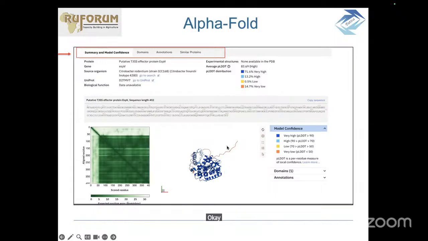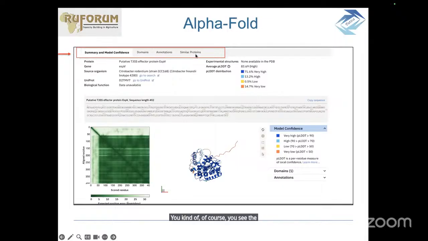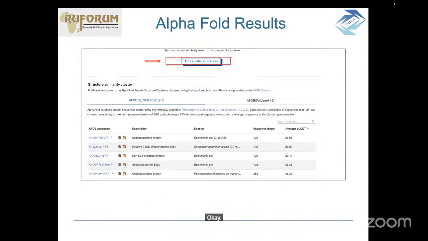Okay. So this is the summary, and you can also see the domain, the annotation, and similar proteins. Now that I will show you when we do the running. And then you can find similar proteins. And the top one here is this one.